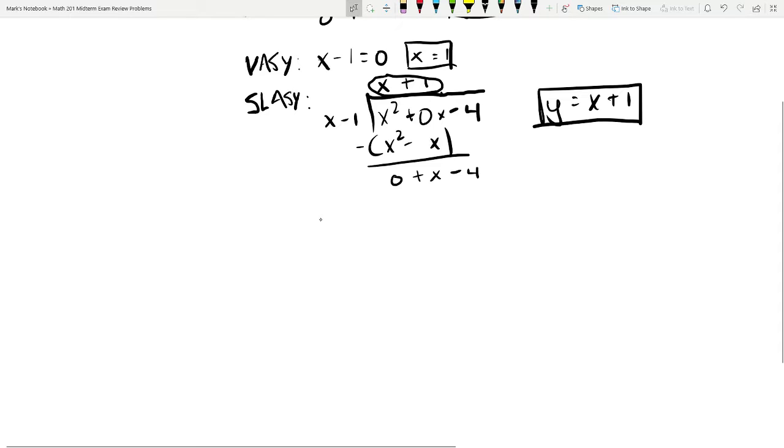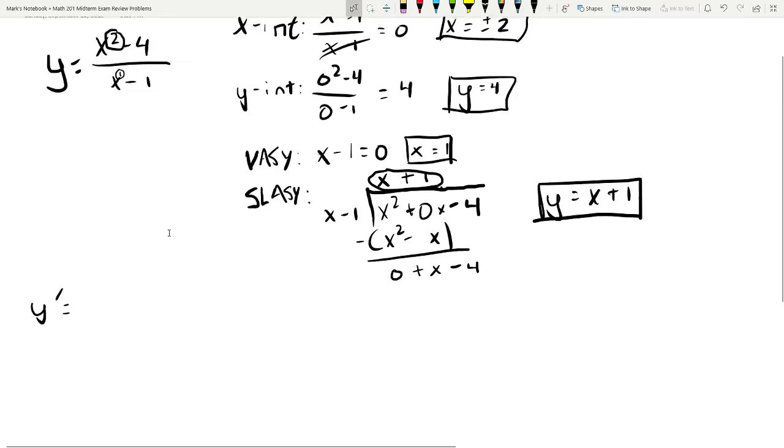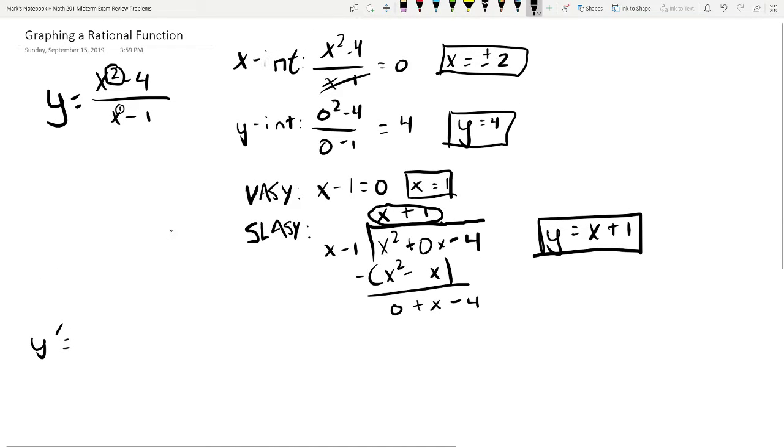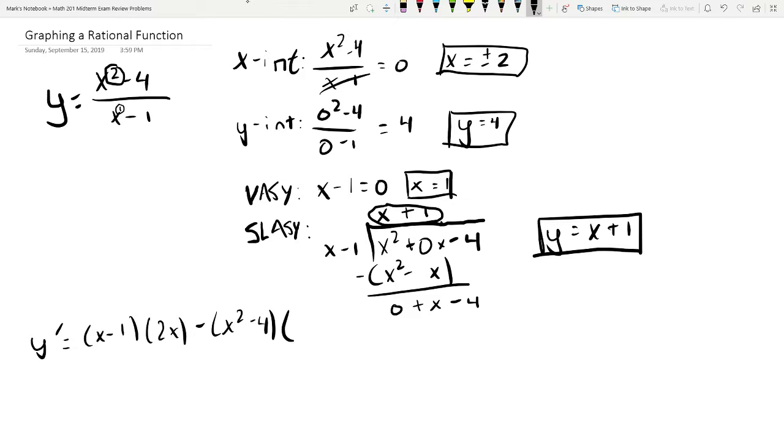So, taking the derivative, we do low d high because we're using a quotient rule. Low times the derivative of the top minus the top times the derivative of the bottom, which is 1, all divided by the bottom squared.